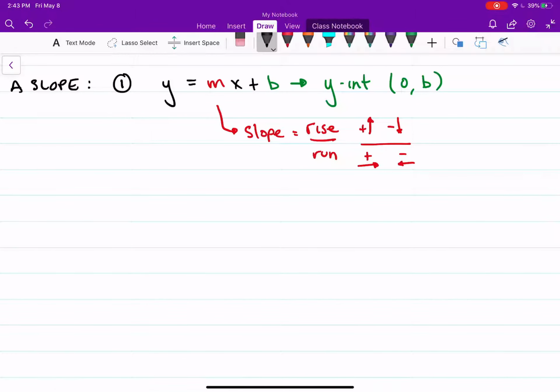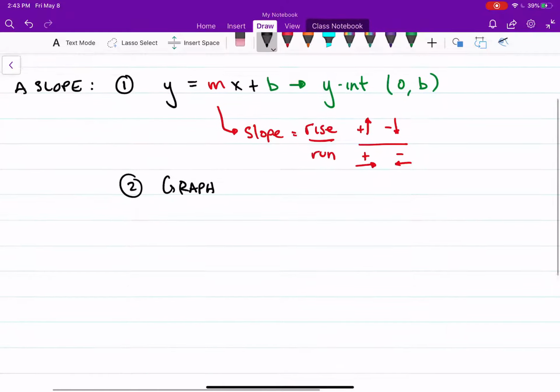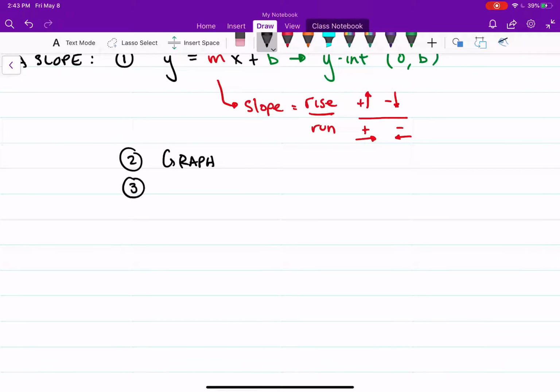Another way is with a graph. If I'm given a graph, I could find a slope as well, okay? And third is if I'm given 2 points. We'll call those 2 points (x1, y1) and (x2, y2).